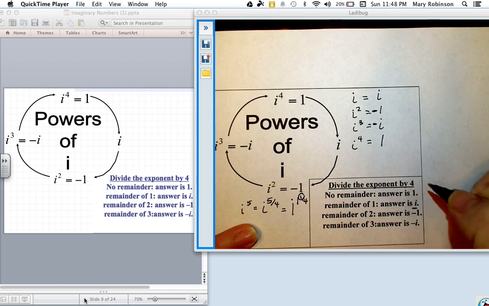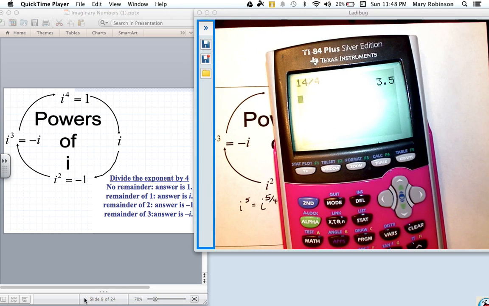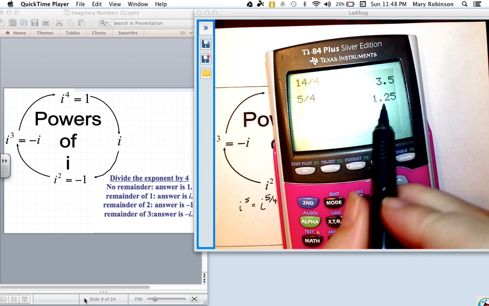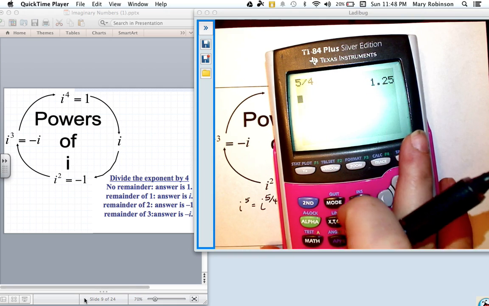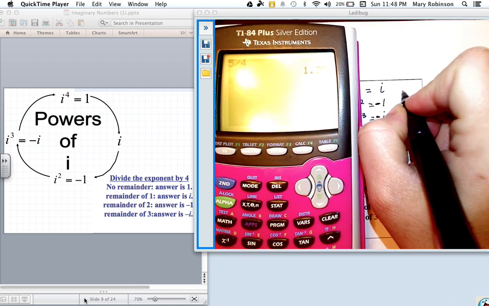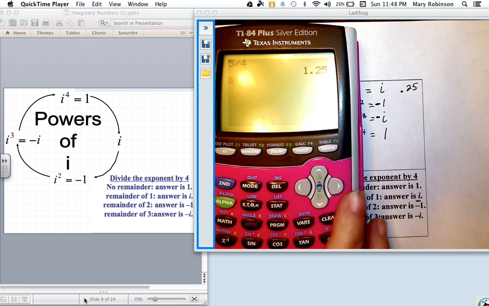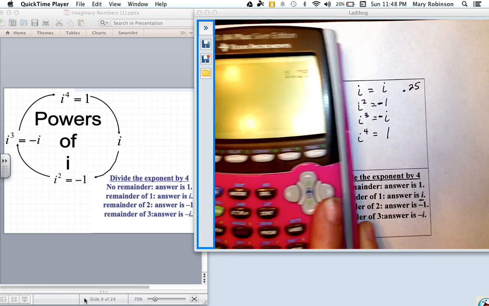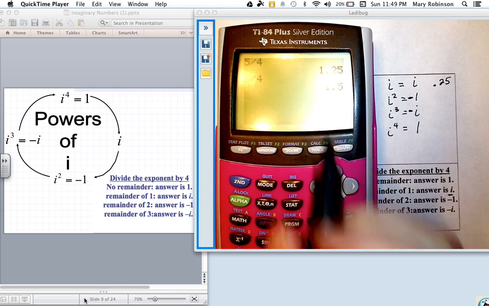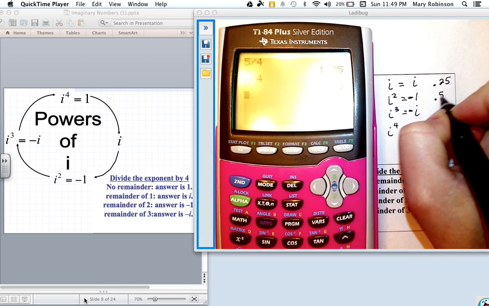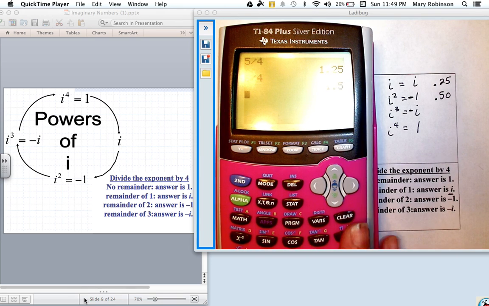Another way I like to think of it is to think about money. Since we're going to divide by 4, if I had a power of 5 and I divided by 4, I would get a remainder of 0.25. So if we get a remainder of 0.25, then it's equal to i to the first. If we increase to i to the sixth and divide by 4, we get a remainder of 0.5, so we can think of 50 cents.